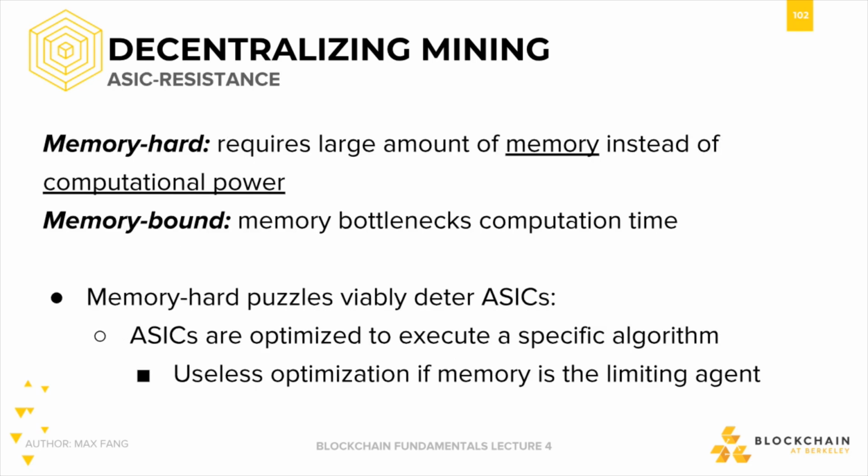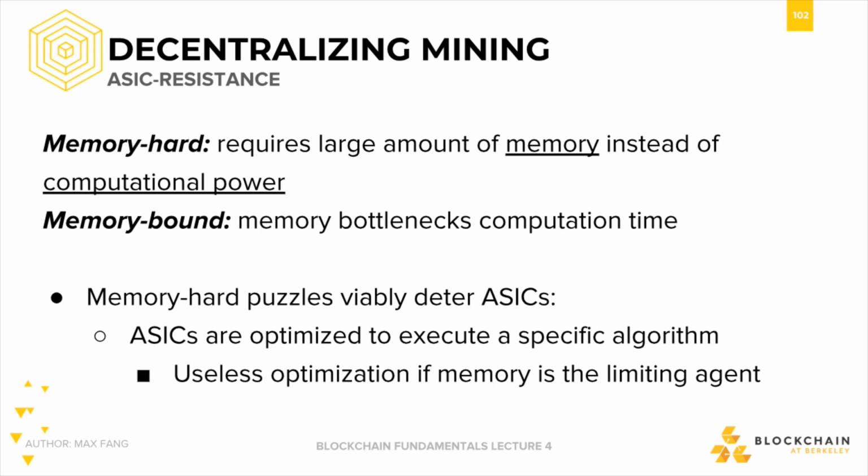Okay, so there are two things we can do to combat ASICs. Remember, ASICs are really, really good at doing computation. So if we instead don't tie it to computation and tie it to memory, ASICs are by definition not so good at that.